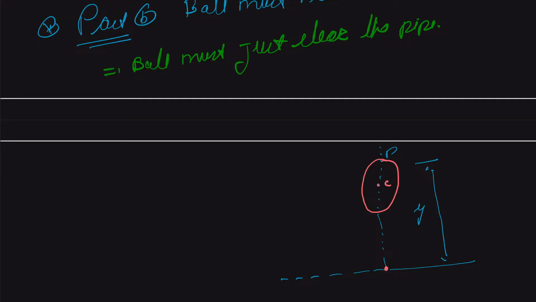We want the projectile or ball to just clear the point P. Let us suppose this point is somewhere here, and if we launch it like this, it will be just clearing this pipe. Let me redraw it again. It will be something very close to it, but just able to clear it. So it's something like this.